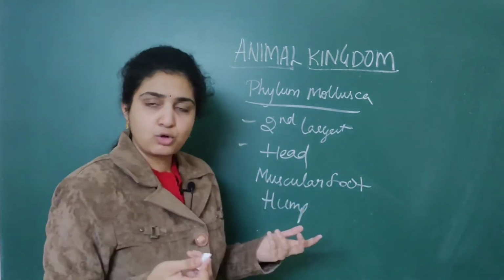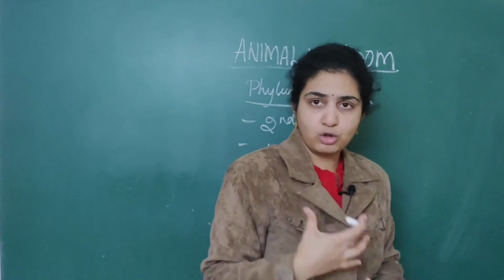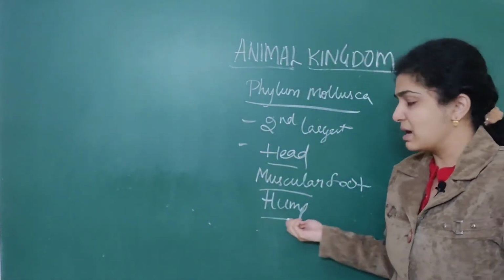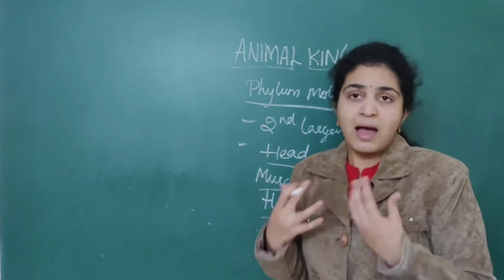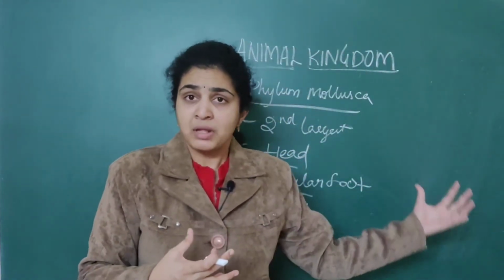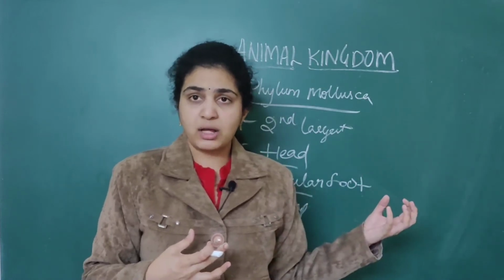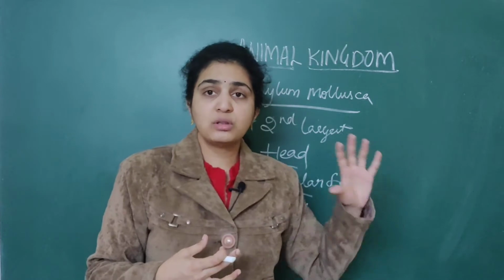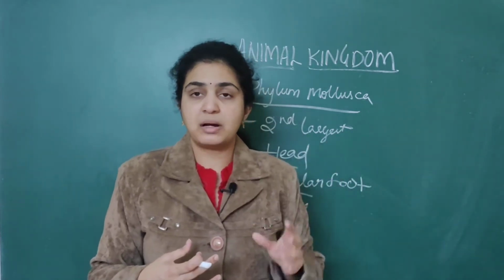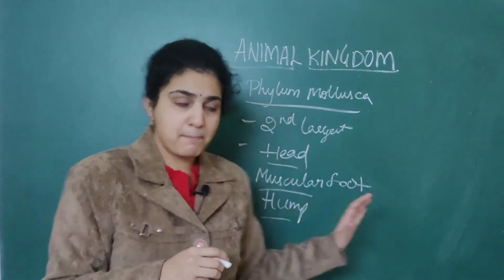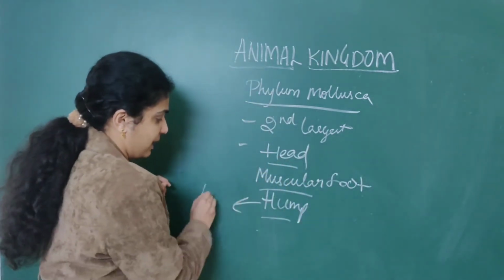Like how in arthropods it is divided into head, thorax as well as abdomen. Like this for them also head, muscular foot as well as hump are present. Like that of camels, hump is present. Though these are marine organisms, for them also hump is present. The hump has a covering, which is nothing but mantle.